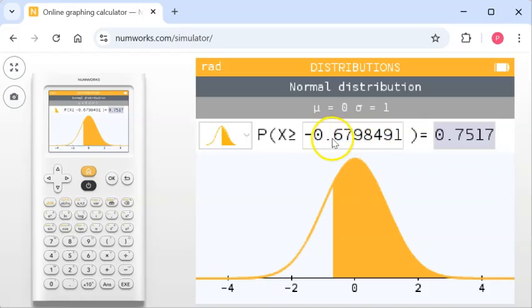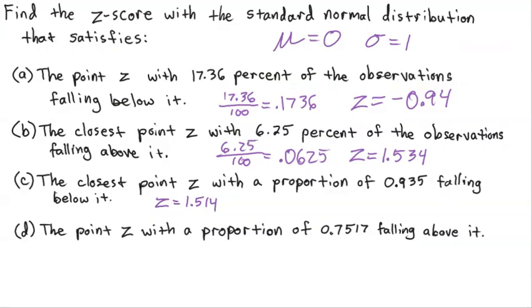Okay, so we can put in negative 0.6798, but look, if we wanted to put in 0.679, the 8 is going to round the 9 up to a 10, and that's going to make the 7 round up to an 8. So we're going to put negative 0.68. So it'll be z equals negative 0.68, okay?